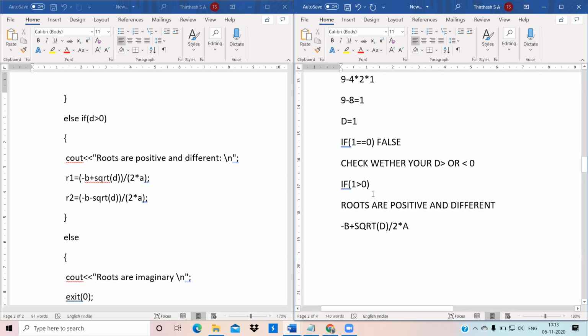So if 1 is greater than 0, then you're going to find the square root for this. You're going to find the roots for this.